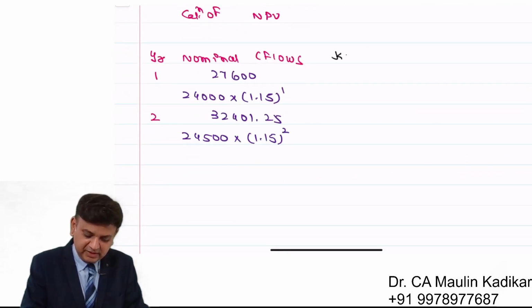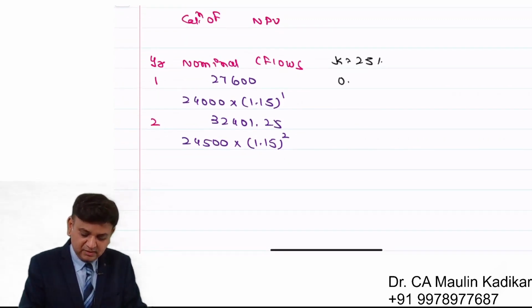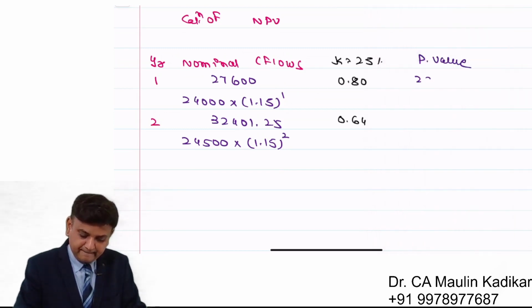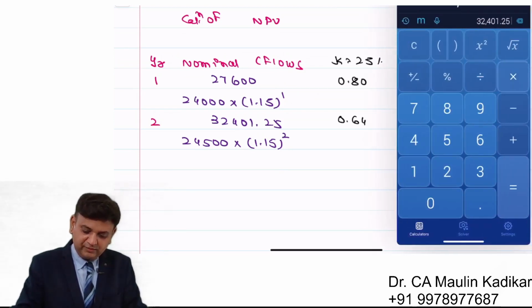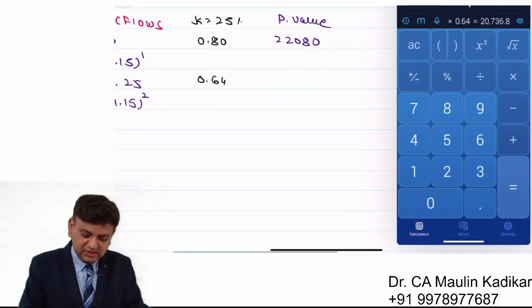It will be discounted at 25%. First year factor is 80 paise. Second year factor is 64 paise. Then present value: 27,600 into 0.8 is 22,080. 32,401.25 into 0.64 is 20,736.80, plus 22,080.